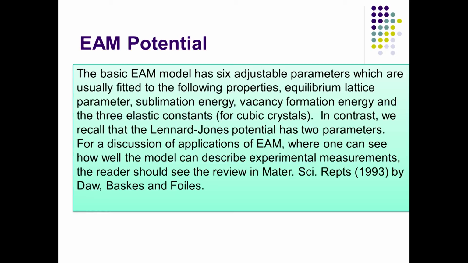These parameters are the equilibrium lattice parameter, which is sigma, the sublimation energy, the vacancy formation energy, and the 3 elastic constants for a cubic crystal. In contrast, we recall that the Lennard-Jones potential has 2 parameters, which are only sigma and epsilon, in the potential energy function, but in our case now we have 6 parameters.